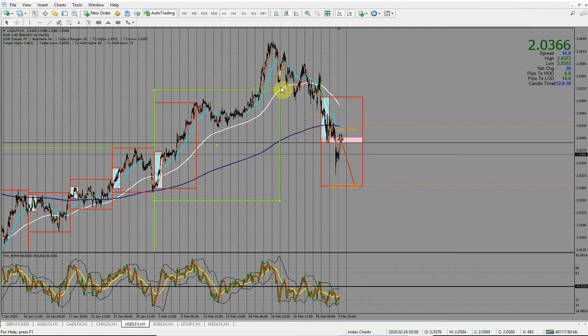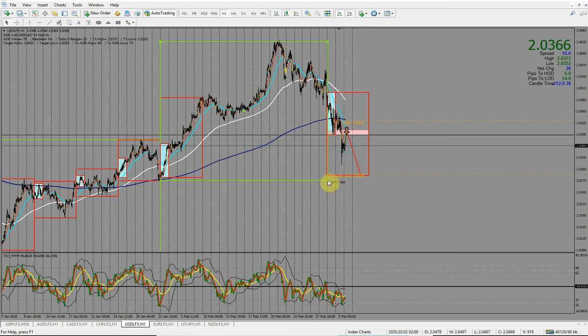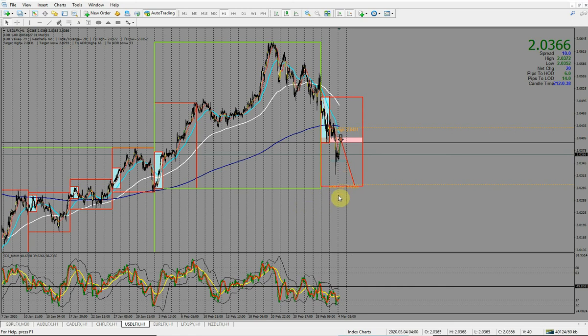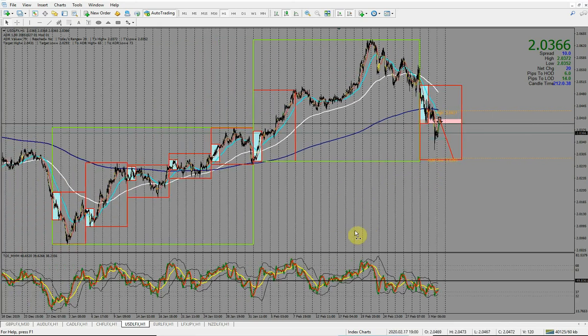Okay, now it looks very proper, and that was the highest price of February. So there we go. We're gonna look for trend continuation.